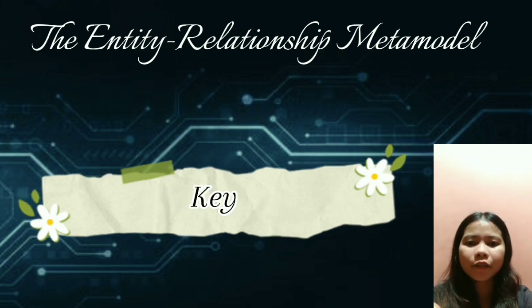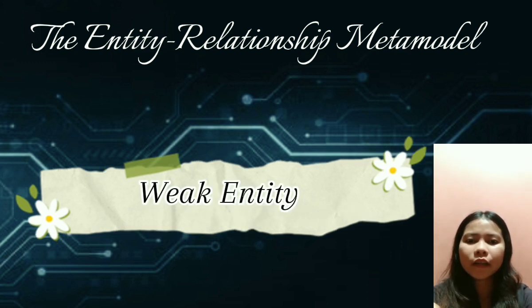Key identifies a unique attribute or combination of attributes that uniquely identifies an entity. Primary keys are often used to enforce entity uniqueness. Weak entity: an entity that cannot be uniquely identified by its own attributes alone, and relies on a relationship with another entity known as its parent for identification.